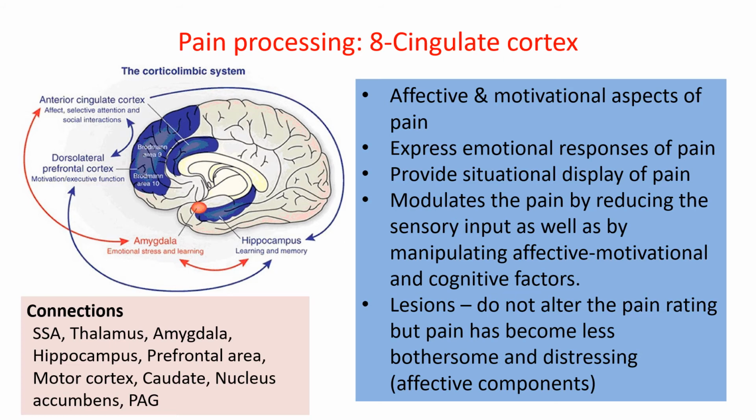Precisely, it modulates the pain by reducing the sensory input at the sensory cortex, as well as altering the affective, motivational and cognitive components associated with the amygdala, hippocampus, prefrontal cortex. It will suppress that, or it will modulate that depending upon the context.